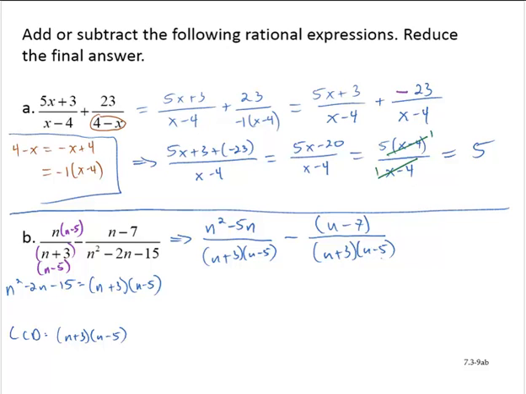They have a common denominator, so I can combine them to a single fraction. So I'd have n squared minus 5n minus the quantity n minus 7 over the denominator, n plus 3 by n minus 5. Remembering that subtraction distributes through all of the terms.